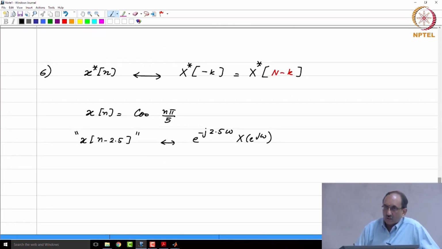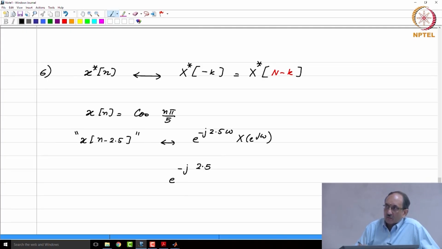And if you go back and look at the code on a machine implementation, you would work with the DFT because you can't work with the DTFT, and the DFT is nothing but samples of the DTFT. Therefore, e to the minus j 2.5 stays as it is. For omega you have to discretize it, right.